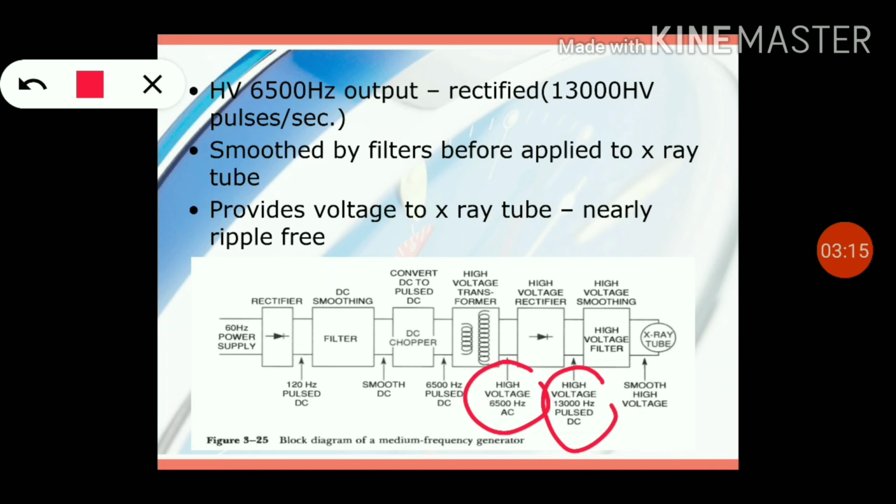Then it is smoothed by the filter before being applied to the X-ray tube. So it provides voltage to the X-ray tube that is nearly ripple free.